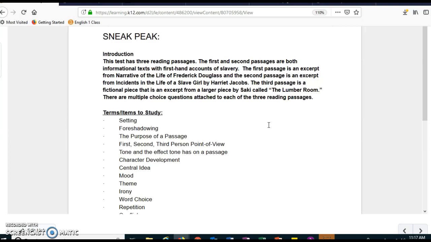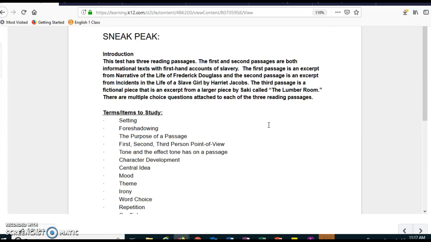So pretty similar text. And then the third passage is a fictional piece, an excerpt from a larger piece by Saki called The Lumber Room. There are multiple choice questions attached to each of the three reading passages. There are 25 questions total. Each question is worth 3 points, so the test in total is worth 75 points.